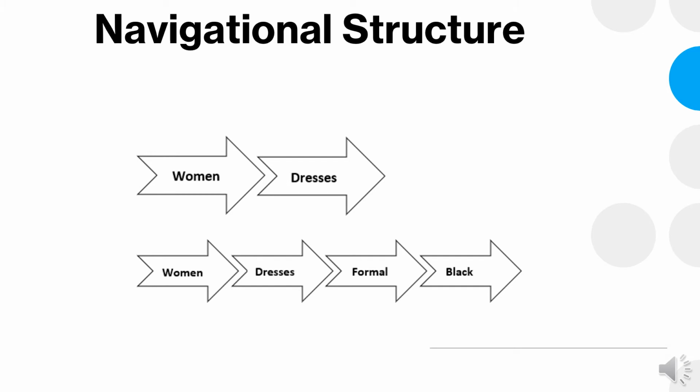Or if you want to go deeper, maybe your users want to find a black formal dress, and how they're going to navigate through that. They'll go under the category of women, then under dresses. Under dresses you can have different categories like formal, informal, and semi-formal, and then they'll click on formal, and under formal they can sort by size, color, price range, and things like that.